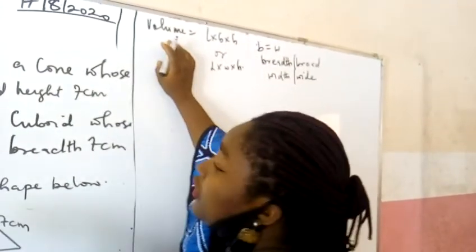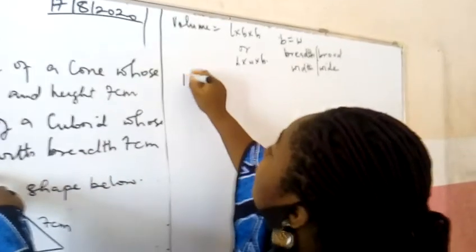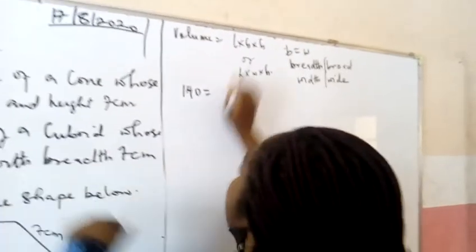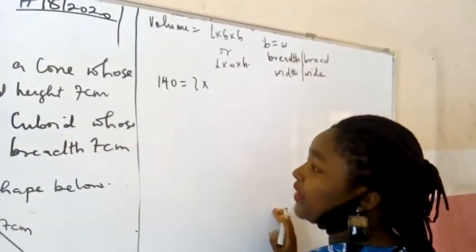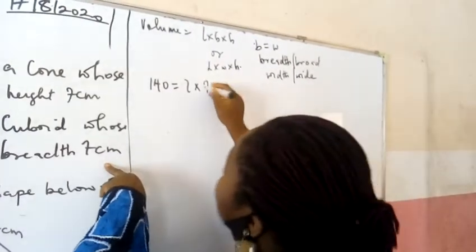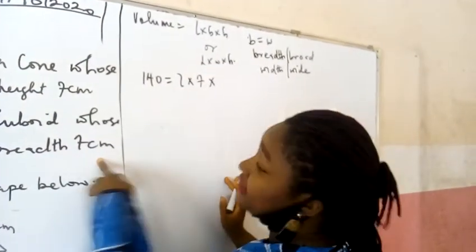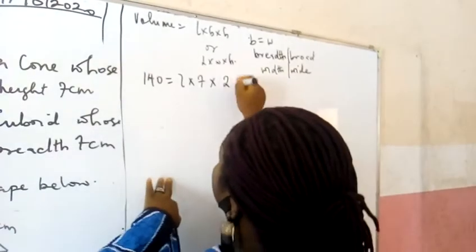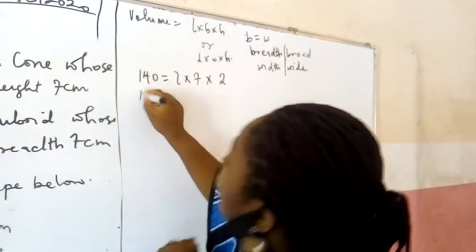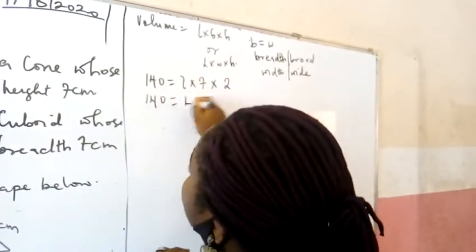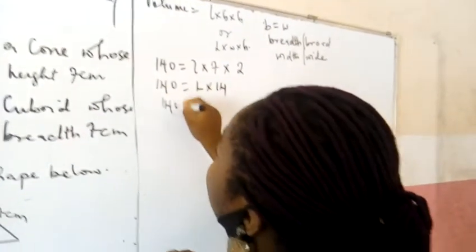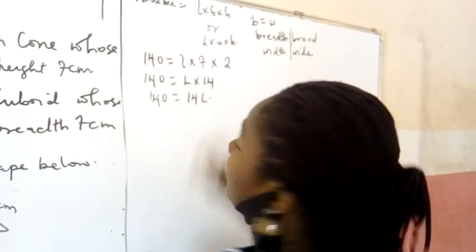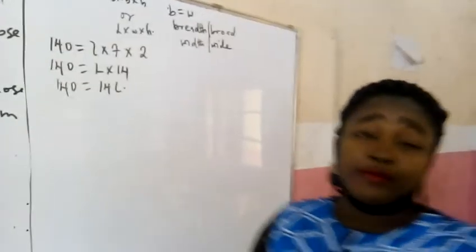Now, we put the values into the formula. Are we given the volume? We are given the volume as 140. We say 140 is equal to, are we given length? No. We write it as L. Breadth 7 cm, times 7. Height 2 cm, times 2. You have 140. L remains L. 7 times 2, 14. 140 is equal to 14 L. I write it as an algebraic expression.